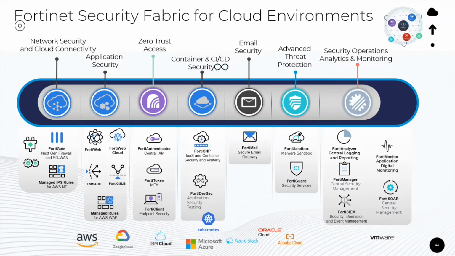Now, when it comes to operations, analytics, and monitoring, automation is the name of the game here. What we want is to put in place identification and remediation procedures, which allow us to identify if there's been a security breach in our deployments and automatically remediate that. And that we do with tools which allow us to centrally consolidate all the logging from the different security devices and produce reporting.